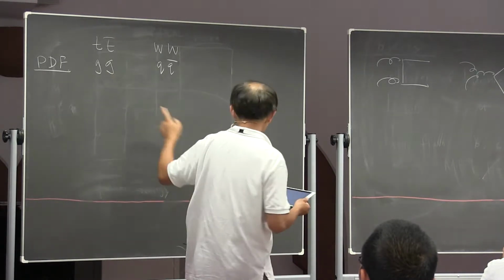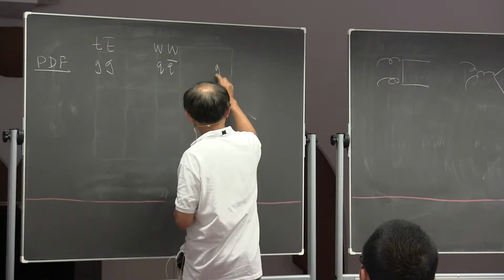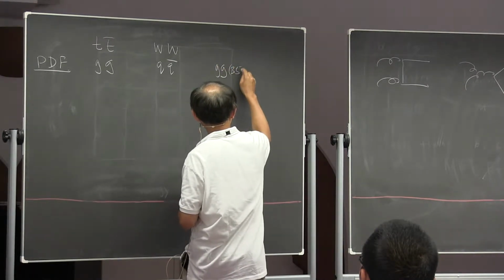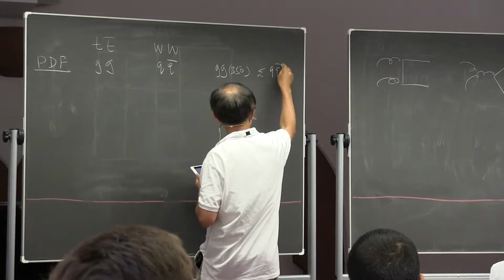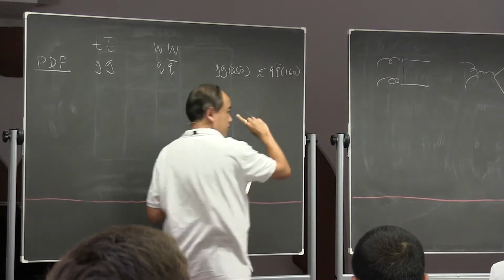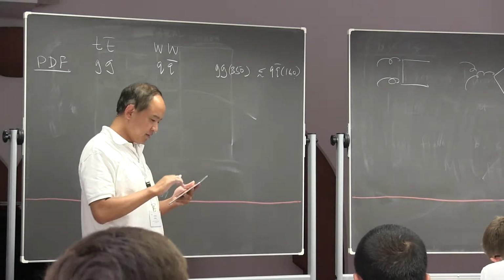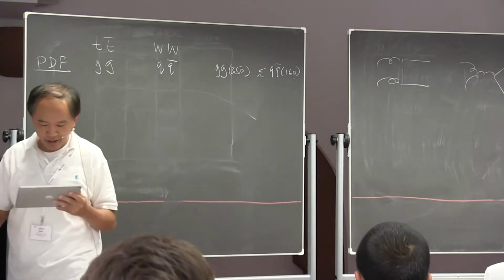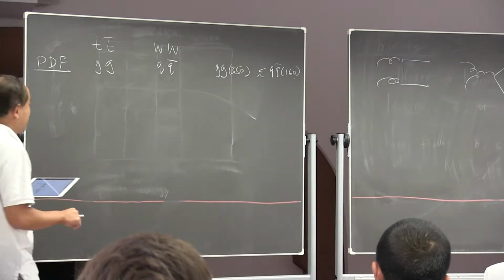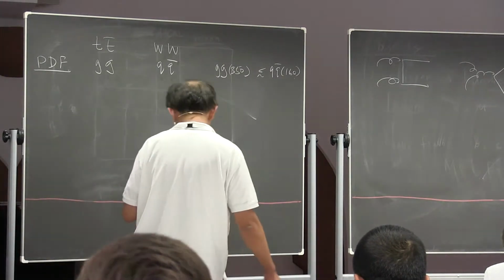Glue at the 350 is slightly less than QQ bar at the 160. I'll put this online so that I have an actual plot of parton luminosity, so you can do this yourself.